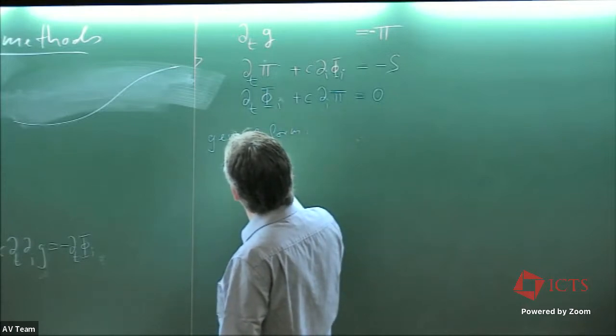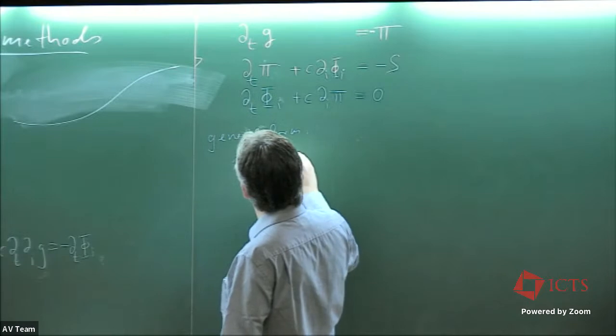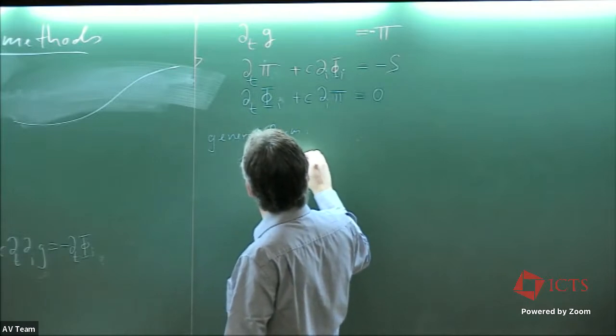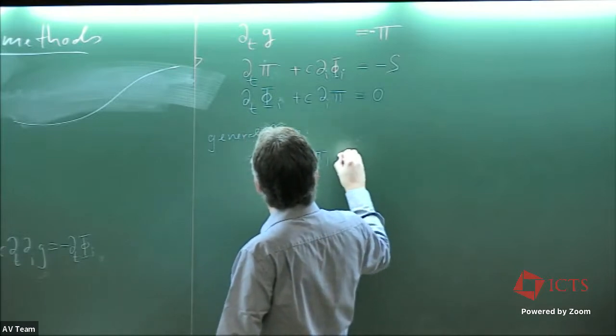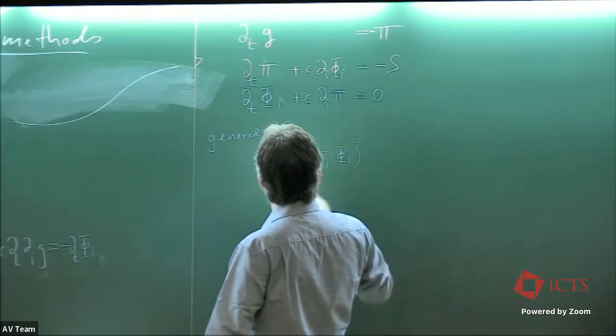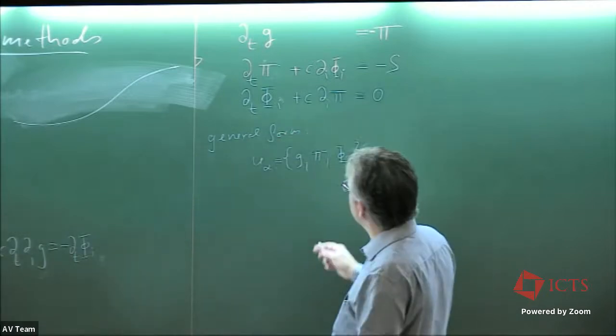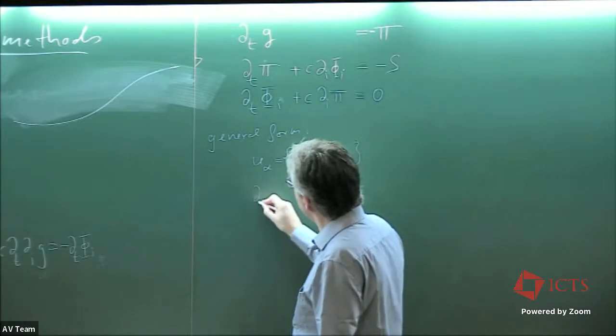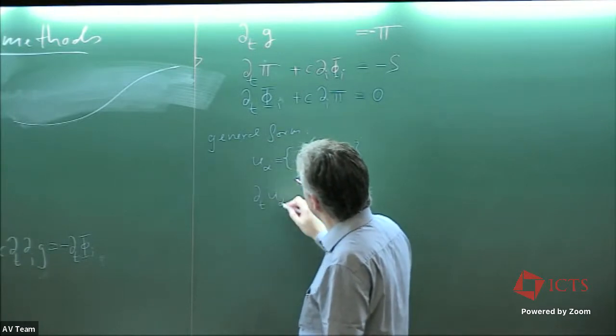We have a set of variables, u alpha, in this case, g, pi, phi I. And we have a set of evolution equations, which here is a little bit simpler than what Geoffrey did.